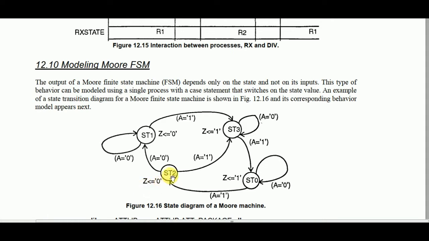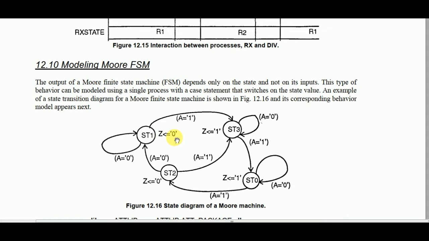In ST2, if the value of A is equal to 0, the machine will switch from state 2 to state 1. If A is equal to 1, the machine will change from ST2 to ST3. Then at ST1, the output Z is equal to 0.